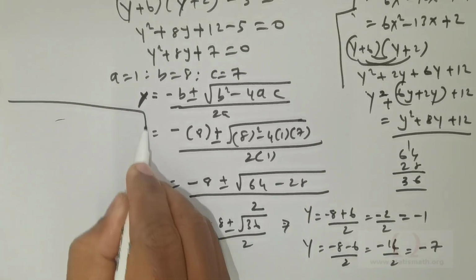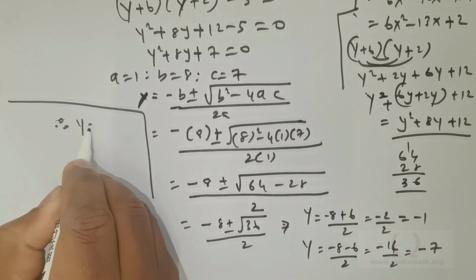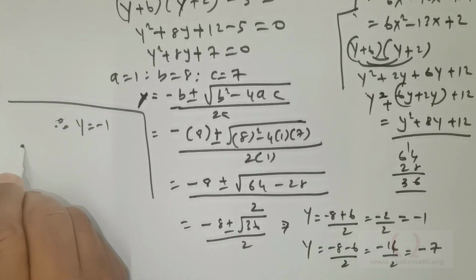So I've got two values: y is equal to −1 and y is equal to −7.